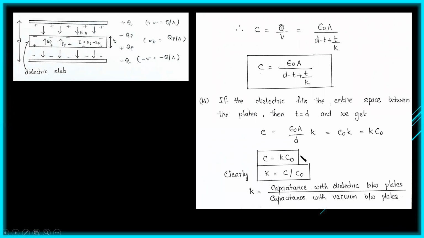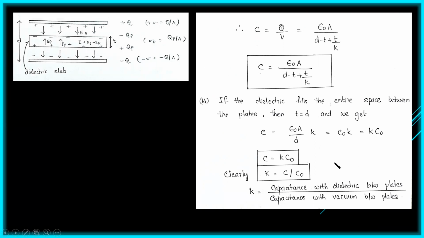That means when you insert a dielectric between the plates of a capacitor, the capacitance increases by K times. K is equal to C by C naught, that is, K is equal to capacitance with dielectric between the plates divided by capacitance with vacuum between the plates.